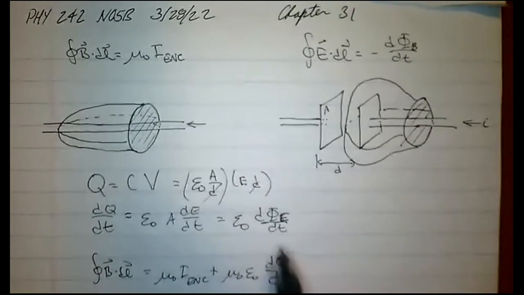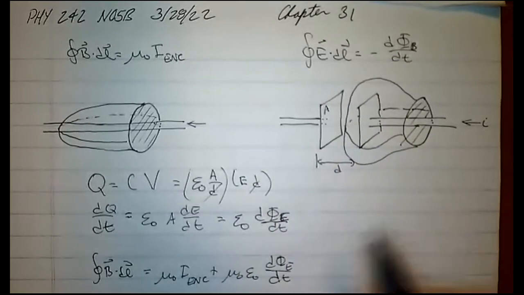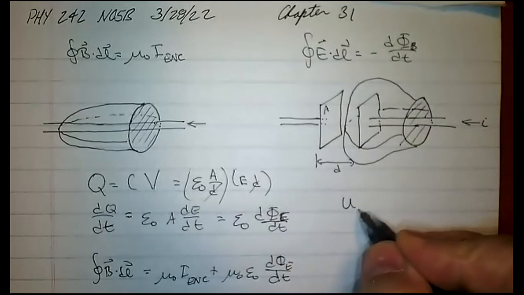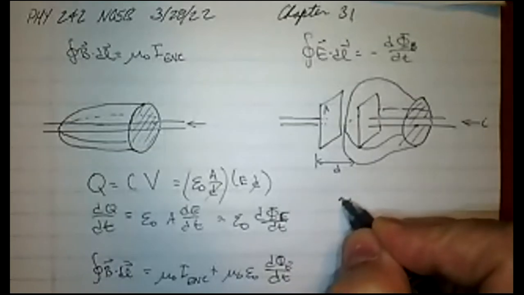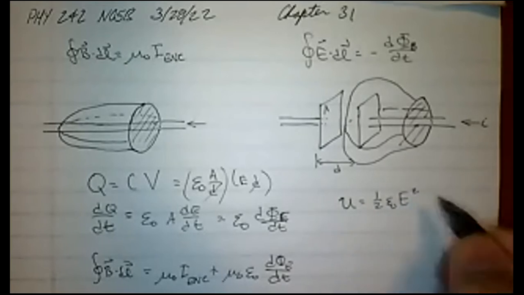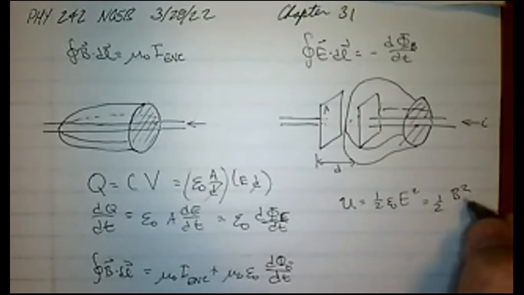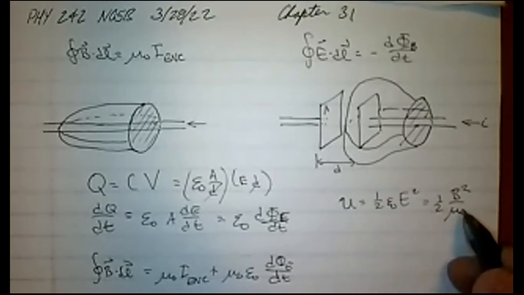And it turns out this was for the special case of this little capacitor, just like before when I calculated the energy per unit volume, we got 1/2 epsilon 0 E squared for a capacitor, and 1/2 B squared over mu 0 for a solenoid.